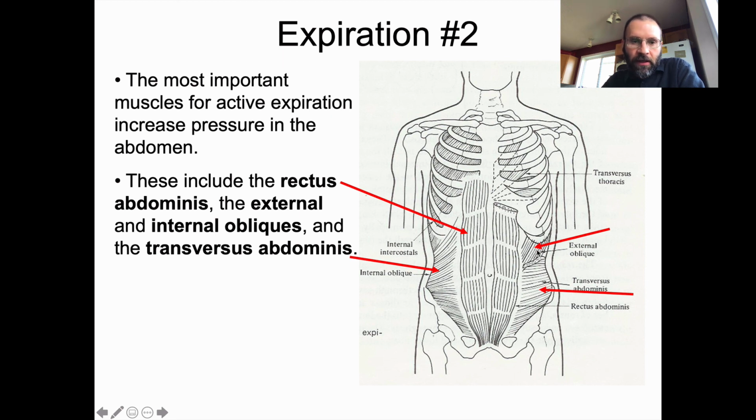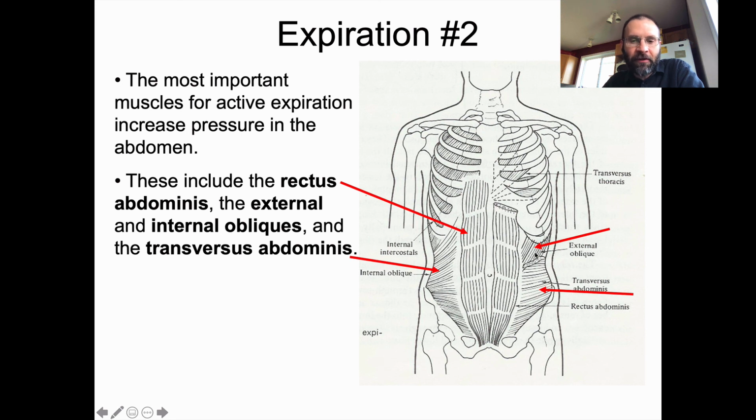There's also the external and internal obliques. Here are the externals, and they link up here to the bottom of the rib cage. This is the internals. I think they link up to the hip bones there, and then also somewhere in the middle, and then also the transversus abdominis, which simply wraps around your entire abdomen.